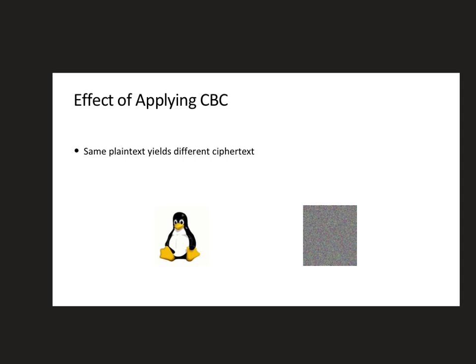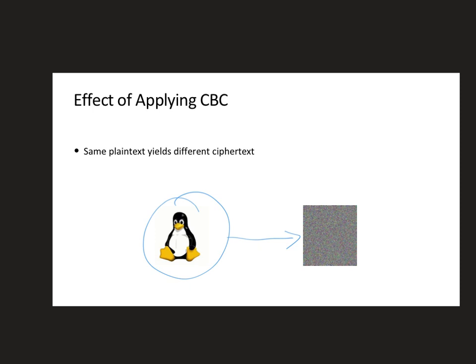Because of the feature that the same plaintext uses different ciphertext, the encryption result of this plaintext image under the CBC mode of operation will become this ciphertext, which is totally different from the result of the encryption under ECB, in which we can still see the pattern of the penguin.